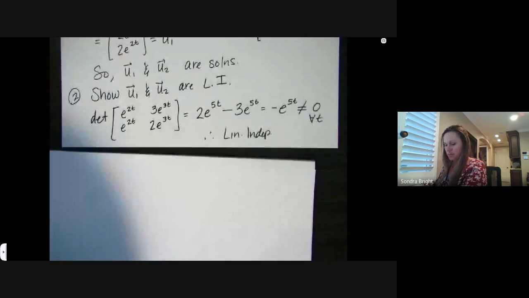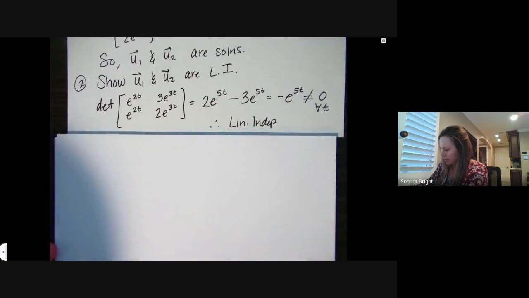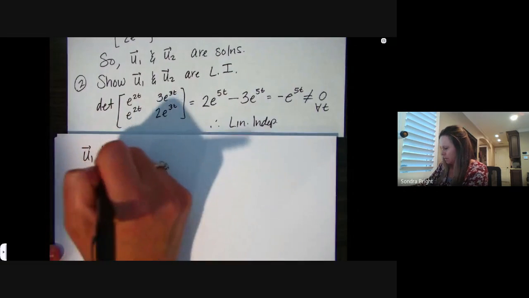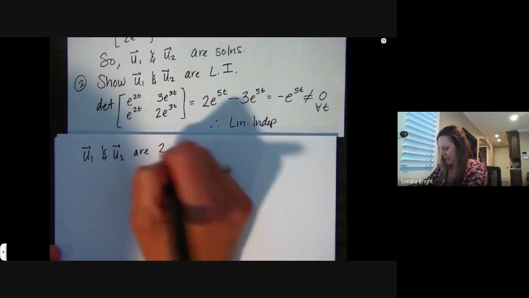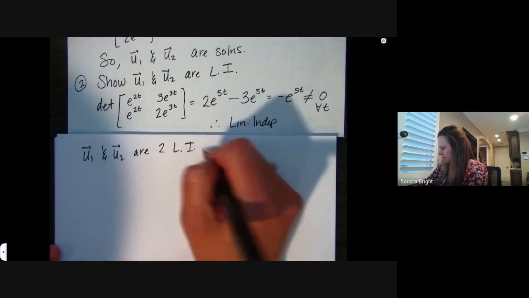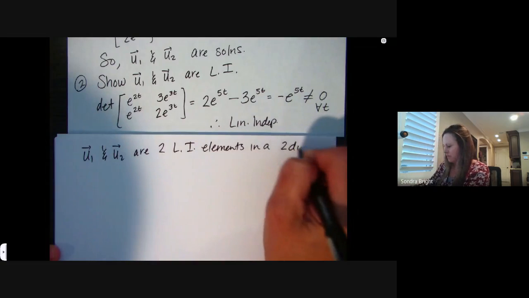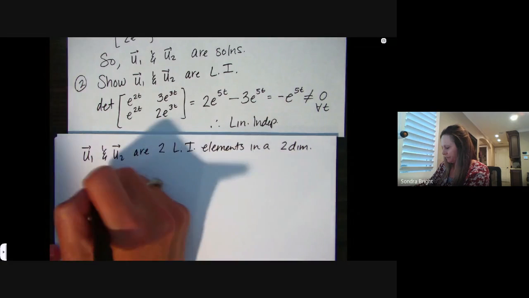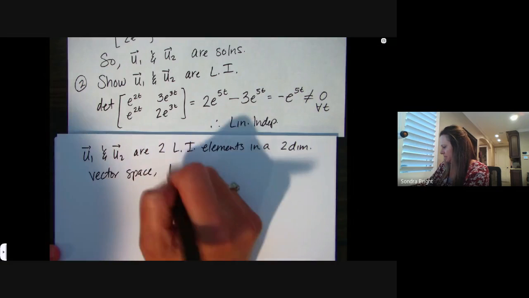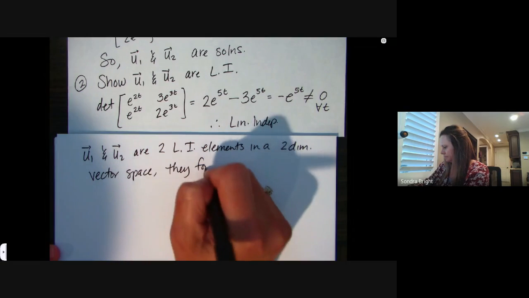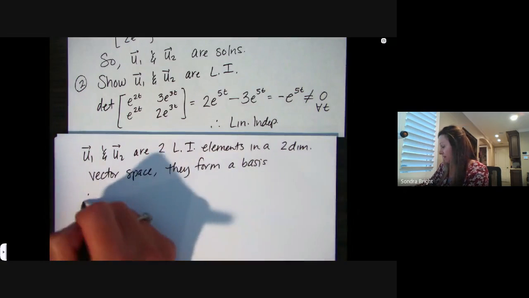All right, so what does that mean? Since U1 and U2 are two linearly independent elements in a two-dimensional vector space, they form a basis, and therefore they form a fundamental set.